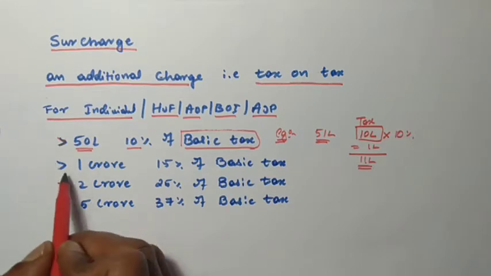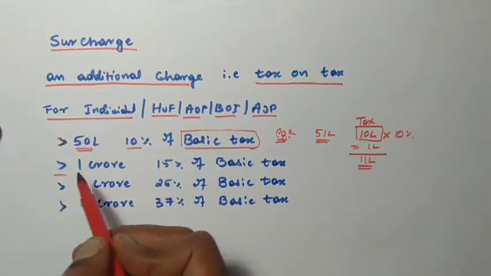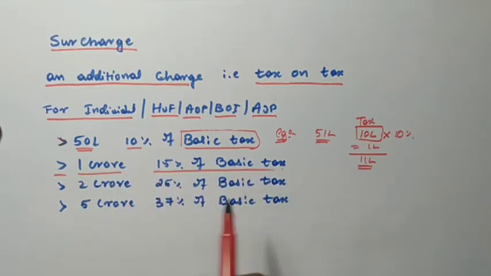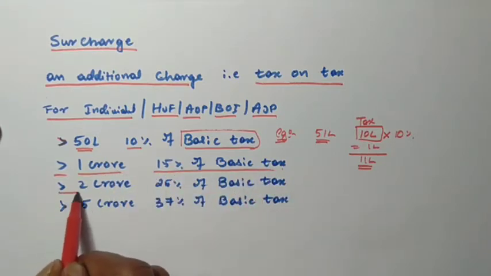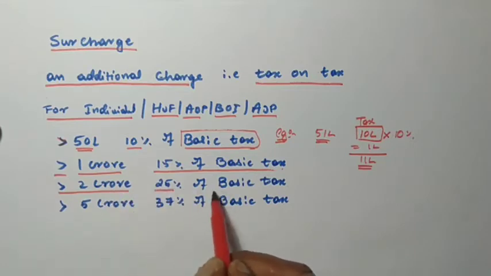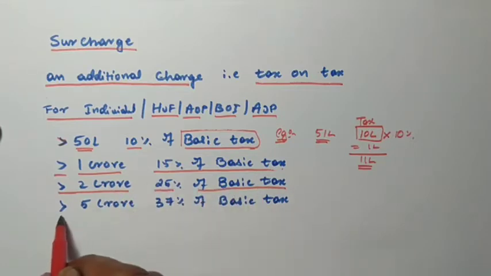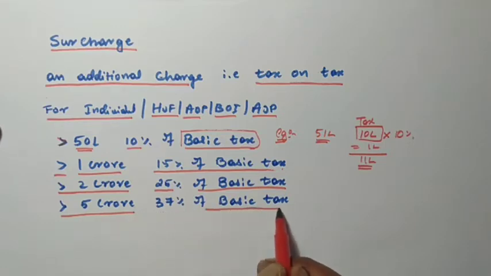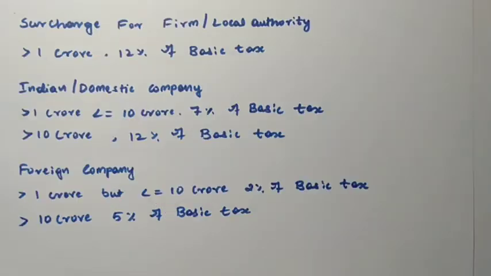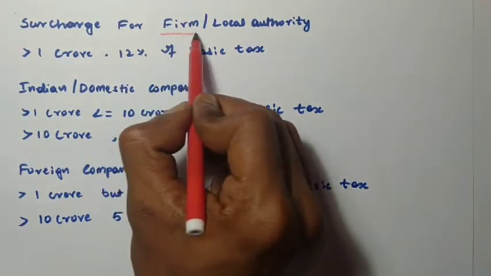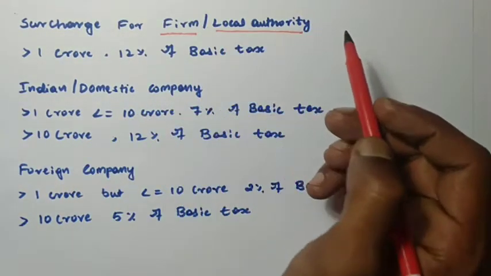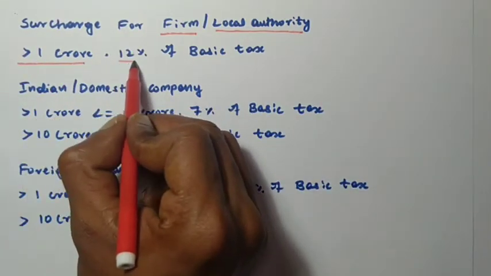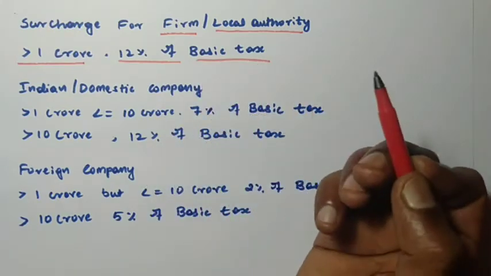So next, if he earns more than 1 crore, 15% of basic tax. If more than 2 crore, 25% of basic tax. If more than 5 crore, 37% of basic tax. Next is for firm and local authority. If the firm earns more than 1 crore, 12% of basic tax.